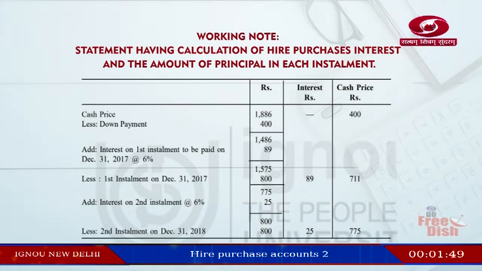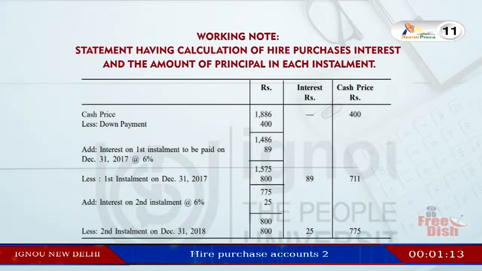So add interest on first installment to be paid on 31st December 2017 at the rate of 6%. If we calculate this amount, it comes to 89 rupees. Then the total is 1575. The 89 rupees is the amount of interest and 711 is the principal amount.